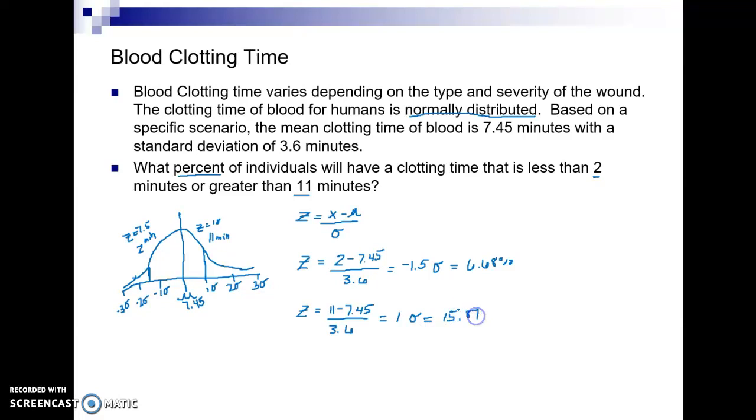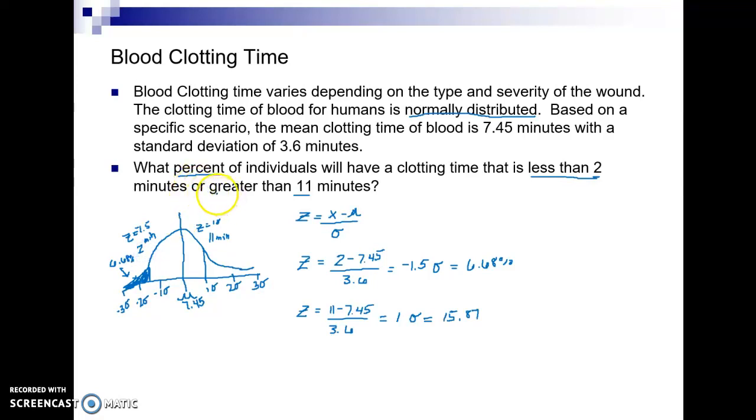So up here I'm reading, it says less than 2. Less than 2 would be this area down here below that line I made at 1.5 standard deviations. And when I use my z-score percent chart, the value given is below. So this is 6.68%.